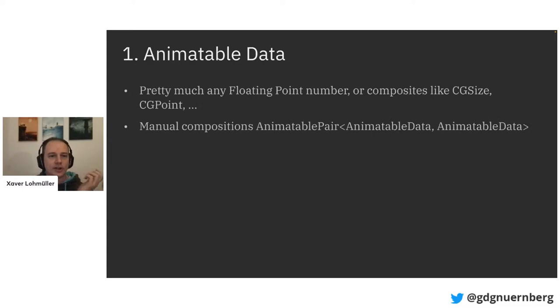And you can also have manual compositions of them, like AnimatablePair, a composition between a floating point number and a Boolean, for instance, that then get animated at the same time. Or you can have really complex custom types, and those are ones that conform to VectorArithmetic. I'll show you one that I've built for Scalable in the practical section. That's really cool, but I'll show you then.